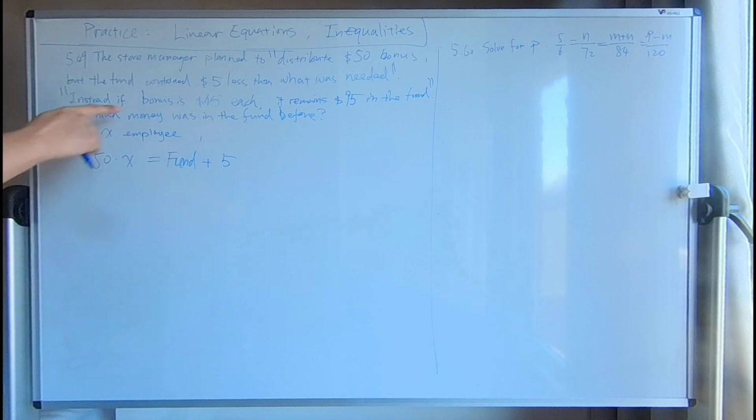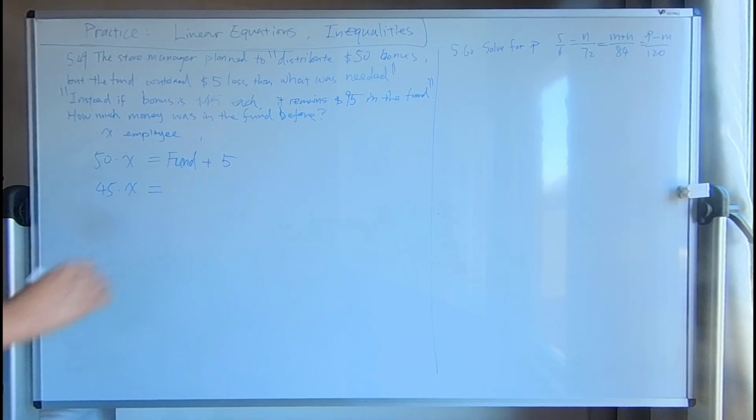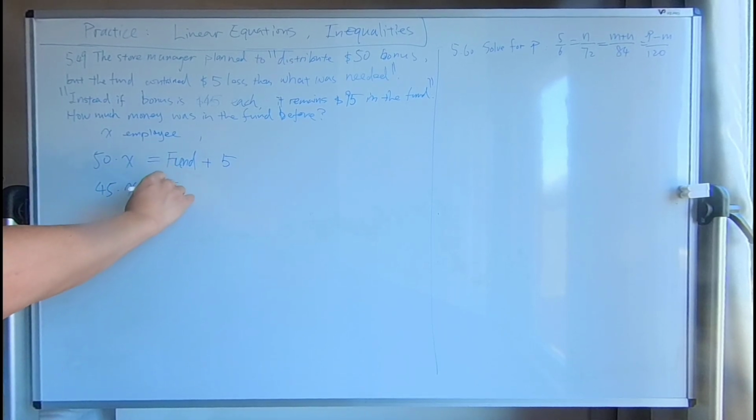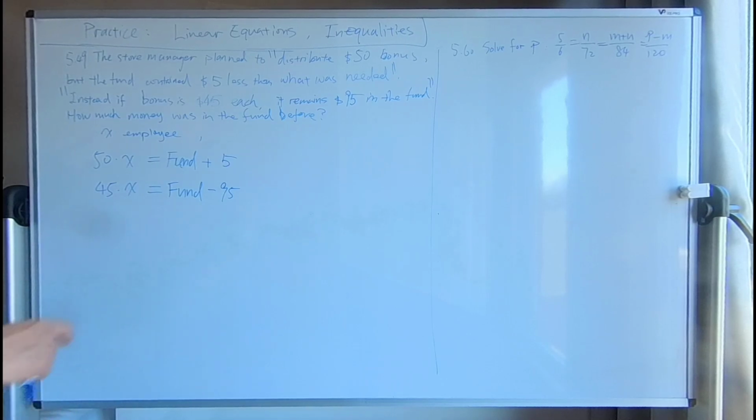The second fact: if instead we pay 45 to each employee, then not only is the total fund sufficient, but we actually have $95 left. So the total fund subtract 95 is the money that can be used to distribute to each employee with $45 each. From the two facts, we have two relationships.